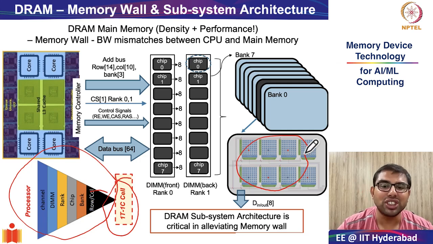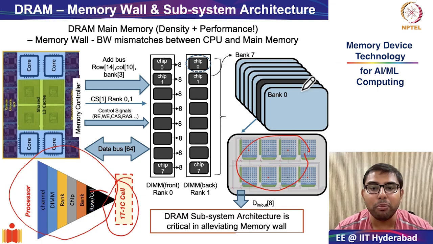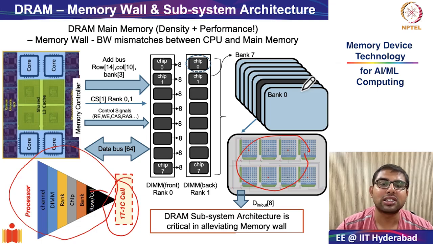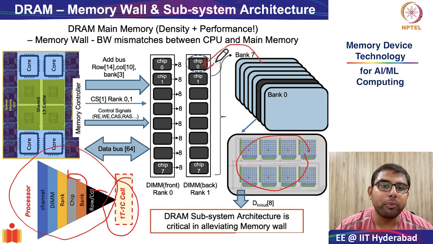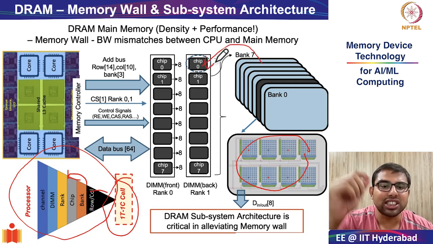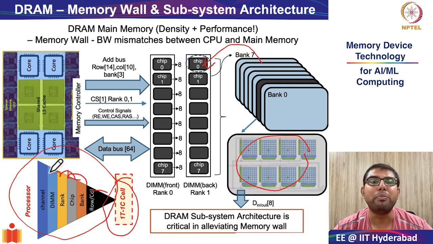These rows and columns were then integrated in form of banks. As you remember, generally a bank has 8 such arrays of rows and columns, which then get integrated into a single chip. So here you see generally 8 banks go inside a chip, and 8 such chips form one rank of a dual inline memory module.